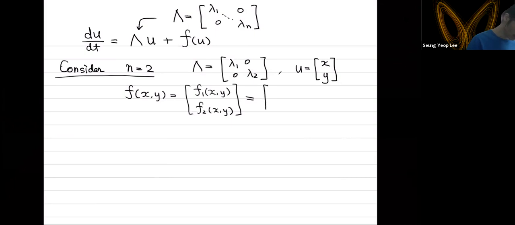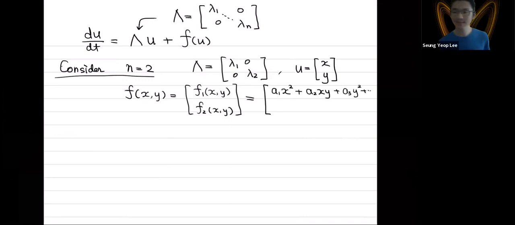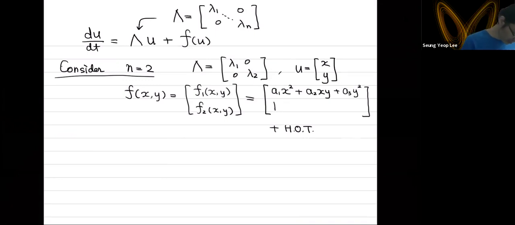Okay, and here what do we have? F1 can have, let's say, this term, an xy term, and a y squared term, and the higher order terms. Now, let me use HOT for higher order terms. F2 also similarly has B1 x squared, B2 xy, B3 y squared.